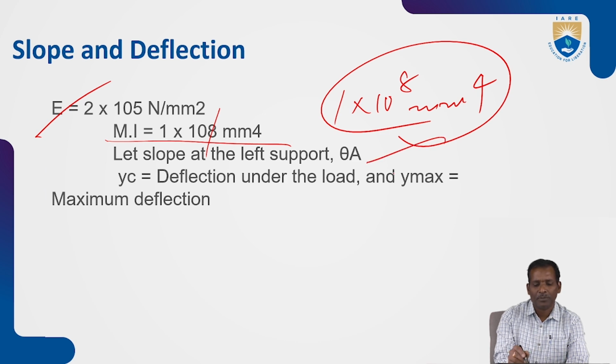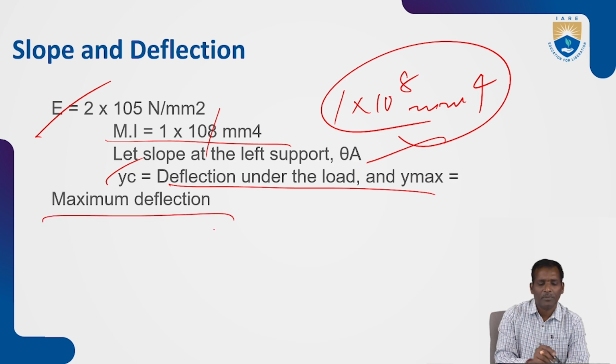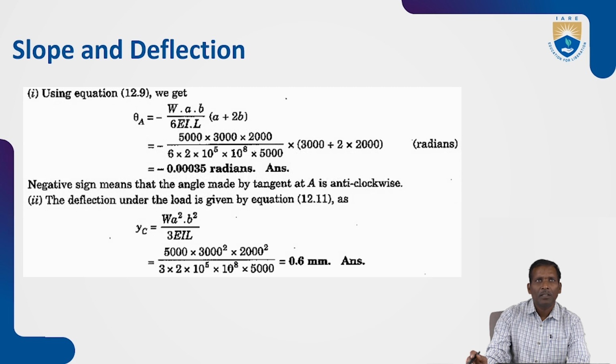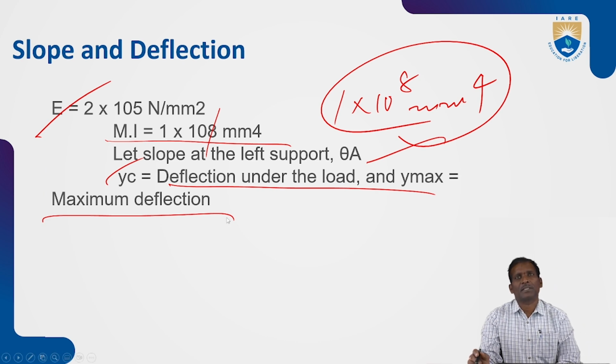Find the slope at the left support, YC, the deflection under the load, and the maximum deflection. Using this equation, you will get theta A, the slope at support A, and similarly the deflection under the load.